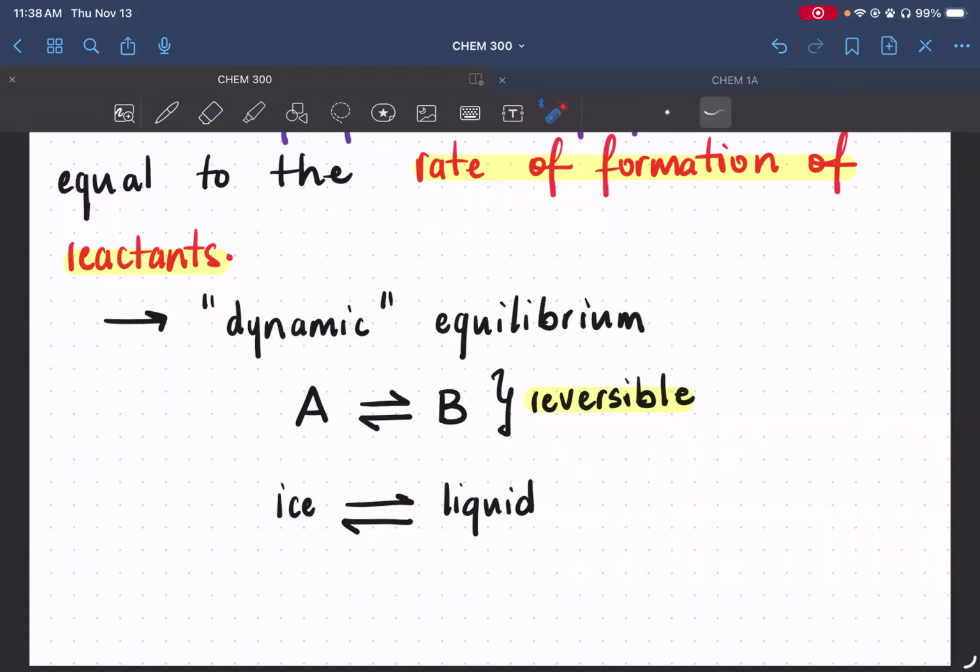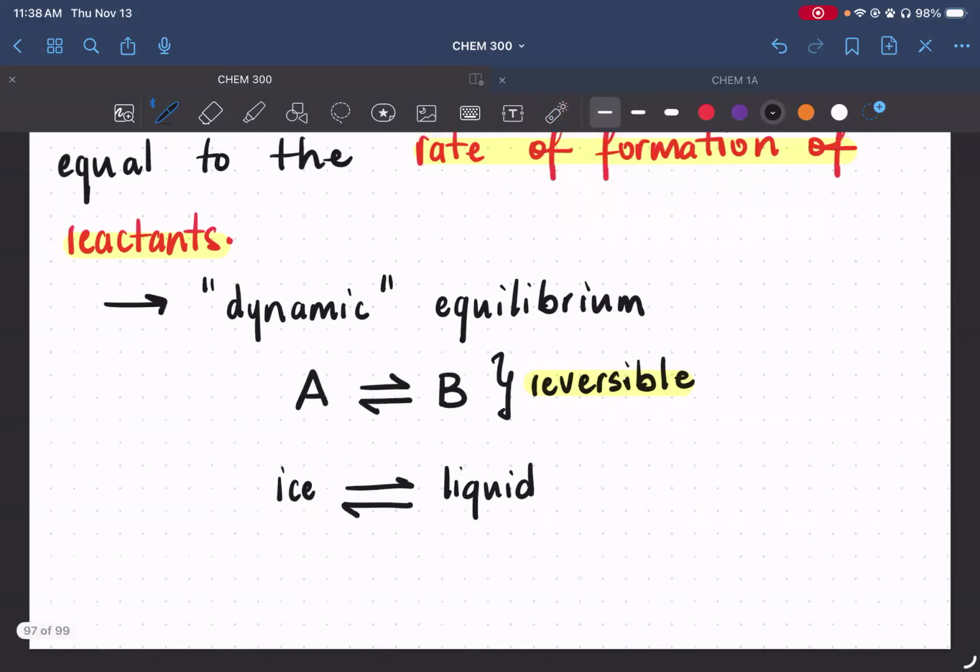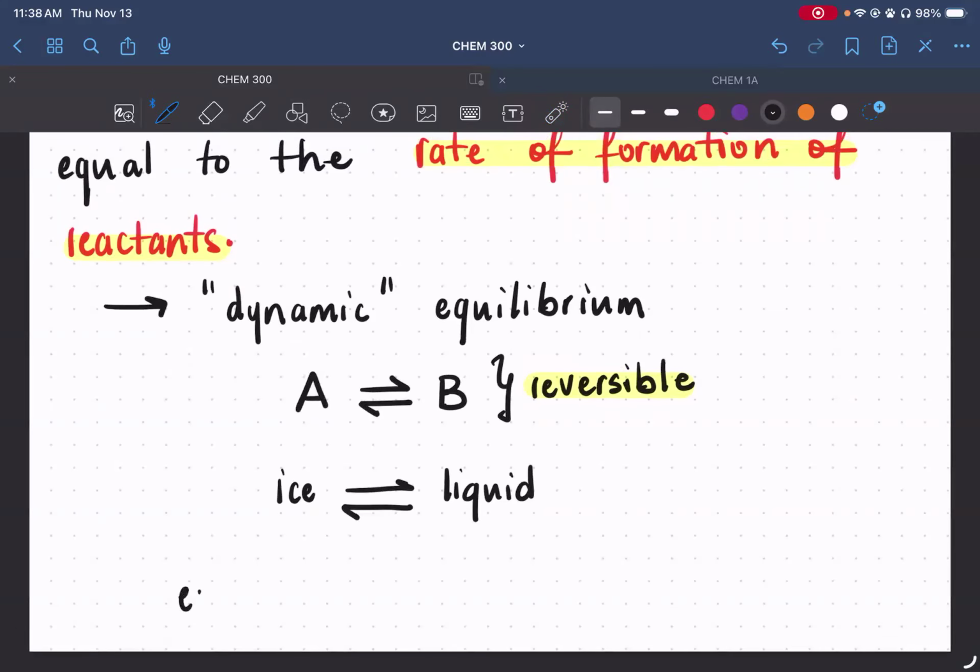But how exactly does that explain or help us understand what equilibrium is? Let's look at a sample reaction. For example, the conversion of N2O4 to 2NO2. Also a reversible reaction.